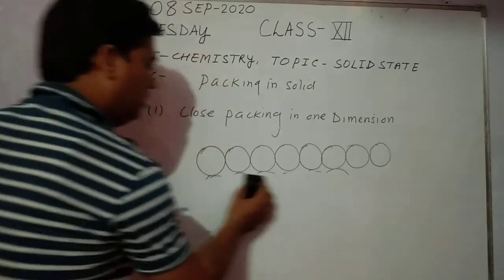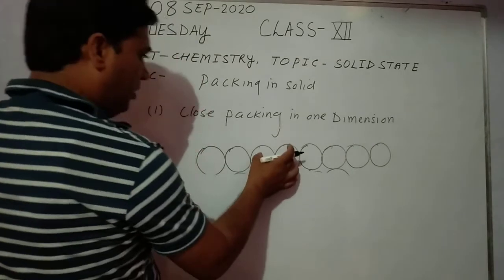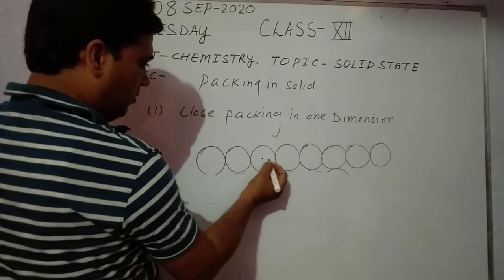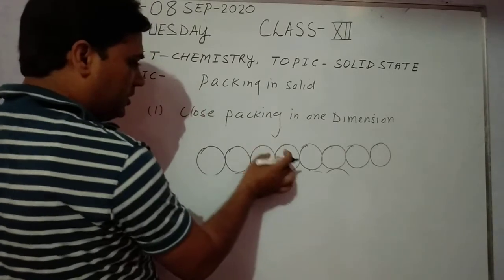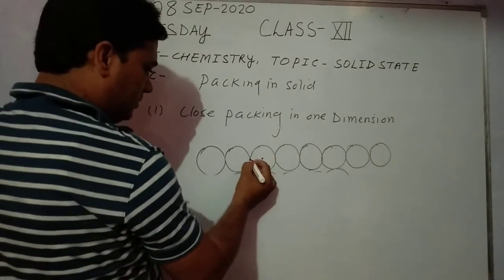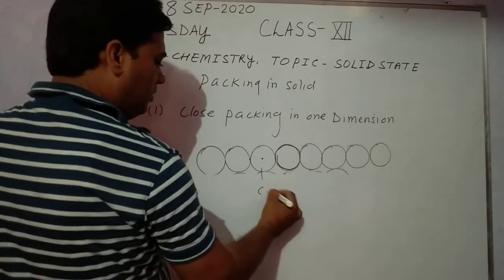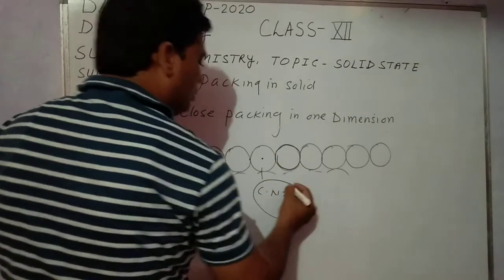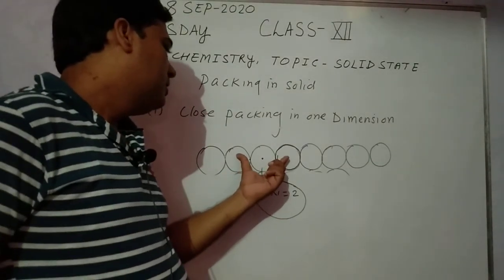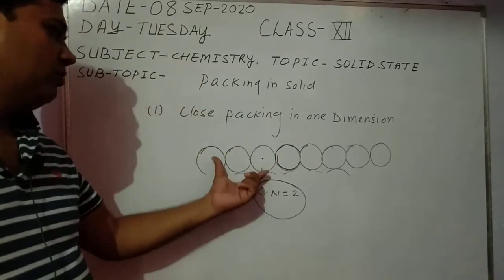So the coordination number in this type of packing is 2, because one hard sphere is attached with two adjacent atoms. This one attaches with this atom and this is attached with this atom. So the coordination number is equal to 2, because each sphere is surrounded by two hard spheres.